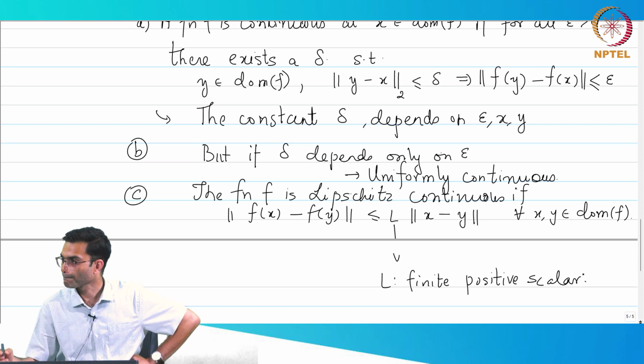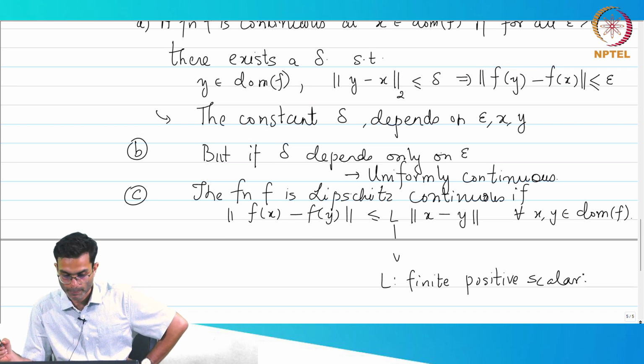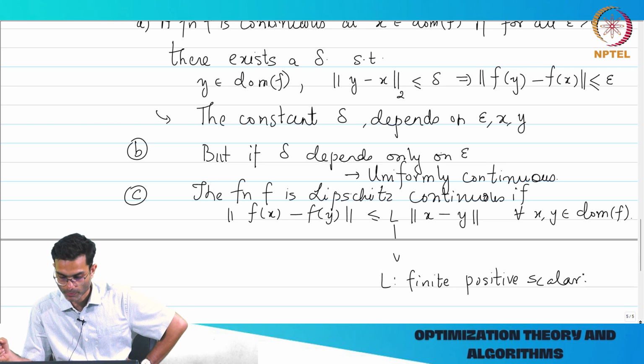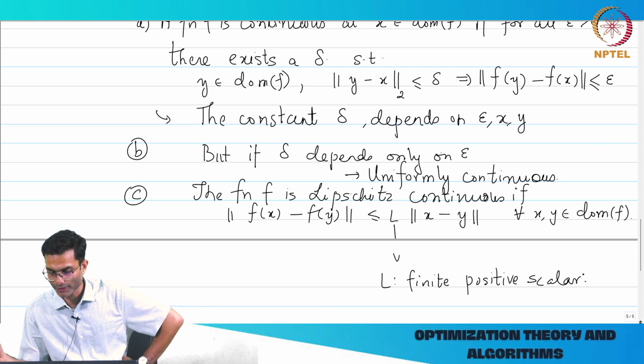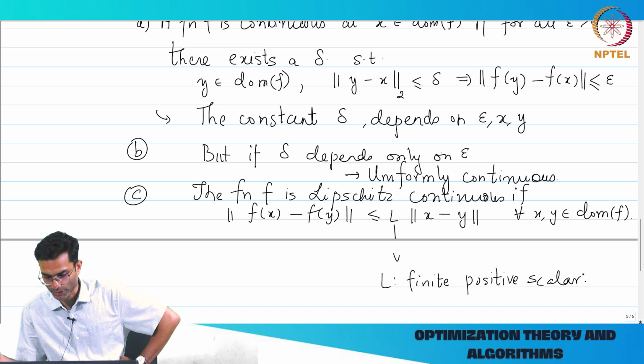I can't figure out the difference between B and C. It just feels like there's a relation between delta and epsilon, and if I divide epsilon by delta, I'm getting L. It's not quite the same, right? If I divide, you'll get something like epsilon by delta.